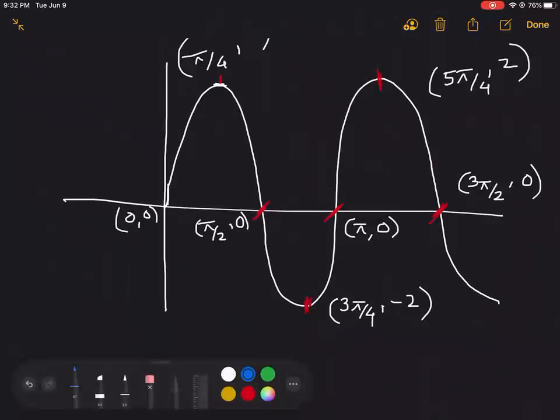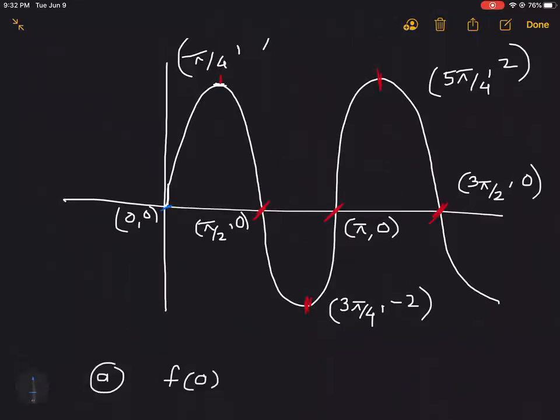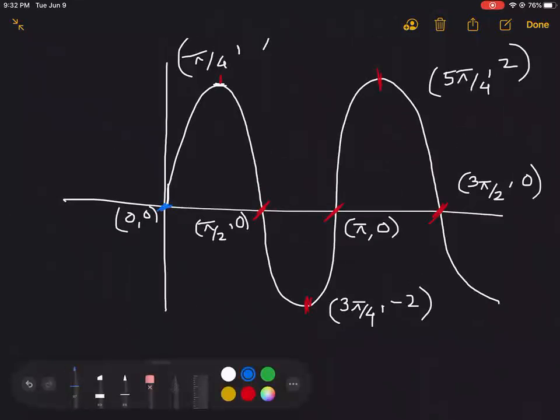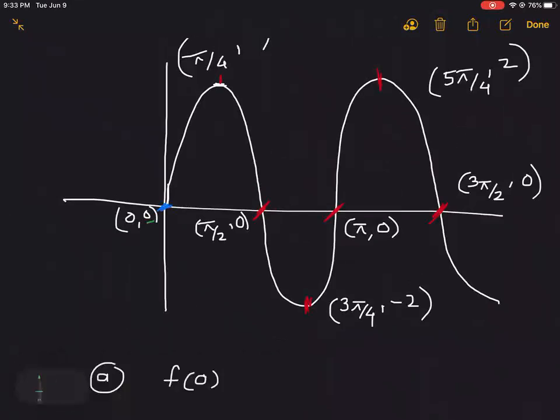Here, at this point, x is 0. And I can see, without even going for any explicit calculation, that the corresponding value is 0 as well. So I can clearly write that, hey, the functional value at 0 is also 0. Now, what if I say, find the value at, let's say, pi over 4?